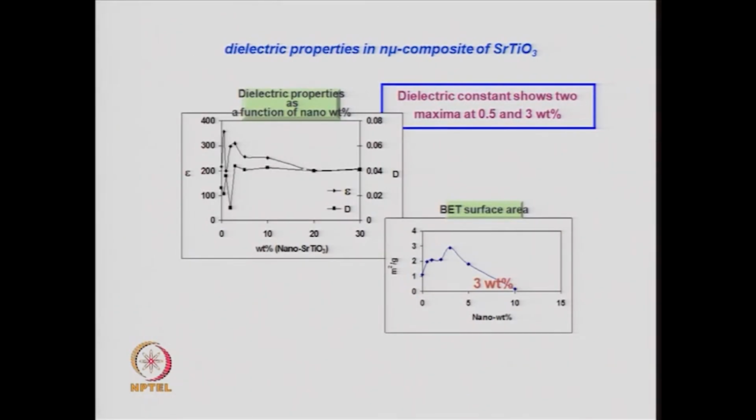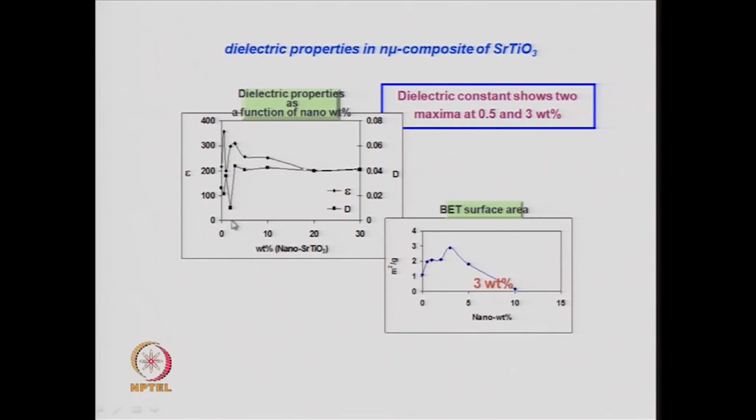Now, if you look at the dielectric properties in these nano-micron composites of strontium titanate, then you can see that here on the y axis is epsilon, which is the dielectric constant, and is plotted with weight% of the dopant, which is nano strontium titanate.